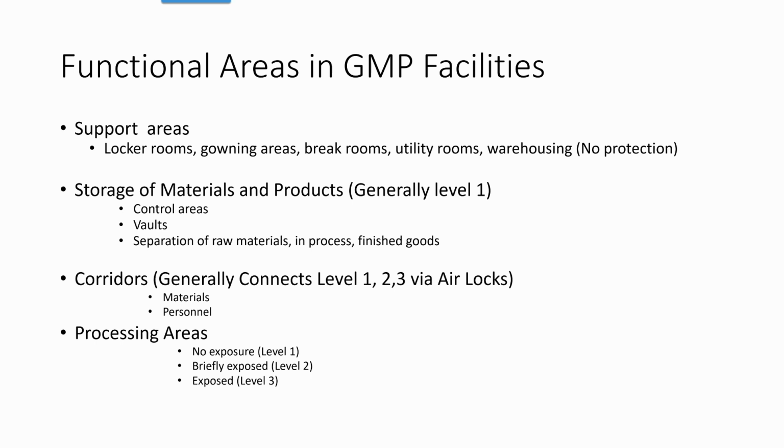Also, corridors are pretty much a given in GMP facilities. There are material corridors and personnel corridors. Oftentimes when we do designs, we try to put in a utility corridor or utility area, because utilities typically generate a lot of heat.